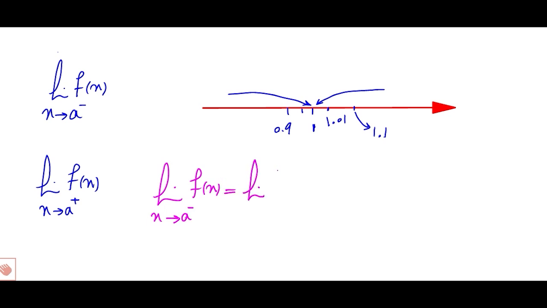Okay, so if the limit of f of x as x approaches a from the left is equal to the limit of f of x as x approaches a from the right, so the limit exists.